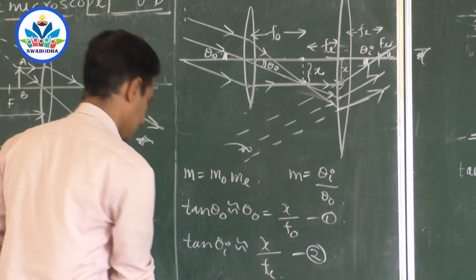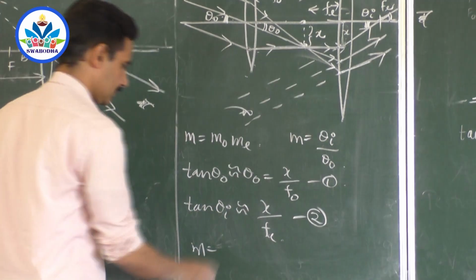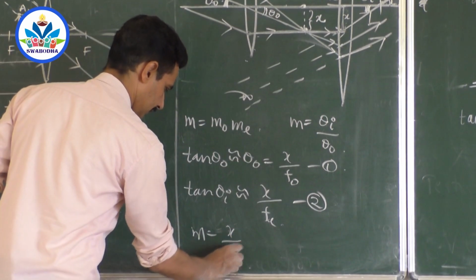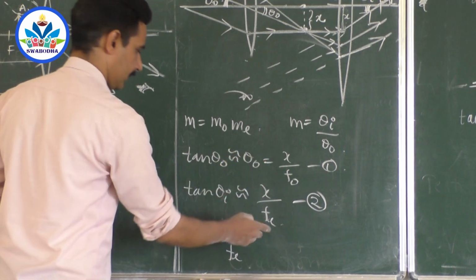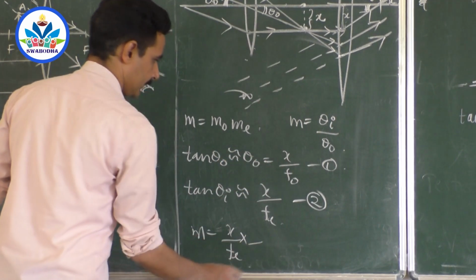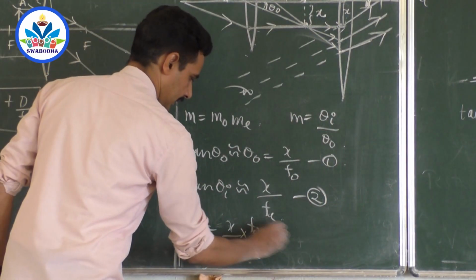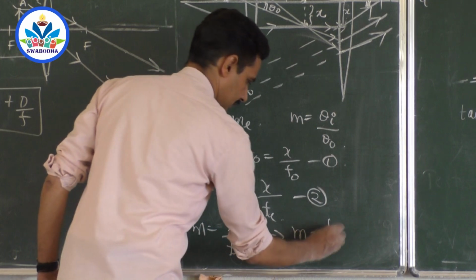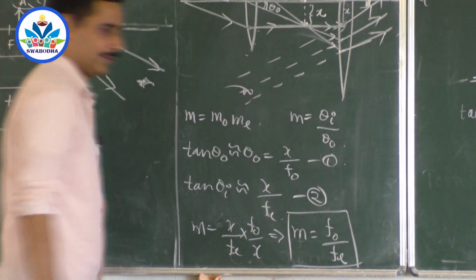Now what is magnification? Magnification is equal to theta I by theta naught, theta I being x by Fe, into theta naught, which is f naught by x. So it is f naught by Fe.